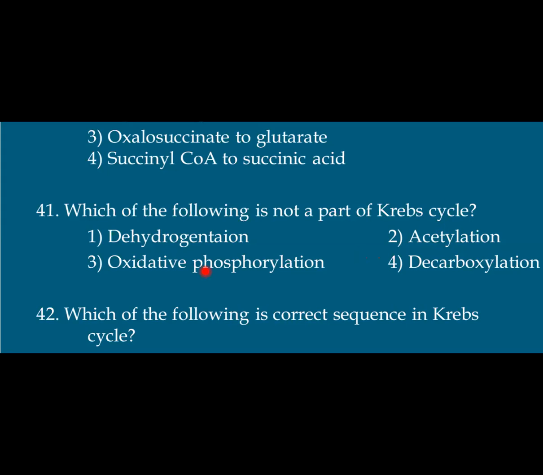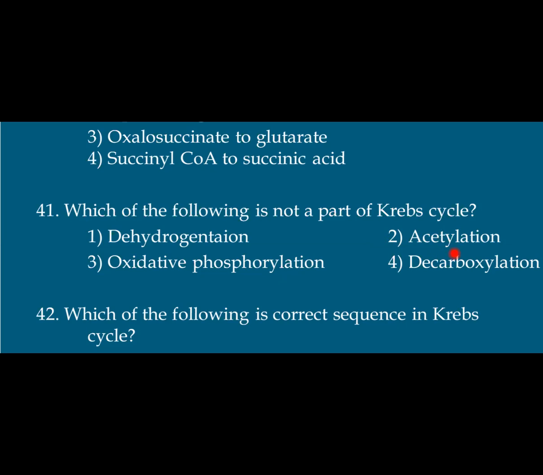Whereas option 3, oxidative phosphorylation, definitely is also an answer, because this question has two options, 2 and 3, which can both act as the answers. Here it is ambiguous. Why is acetylation the answer? Because before the starting of the Krebs cycle, acetylation is completed and the acetyl group is added; this is not a part of Krebs cycle.